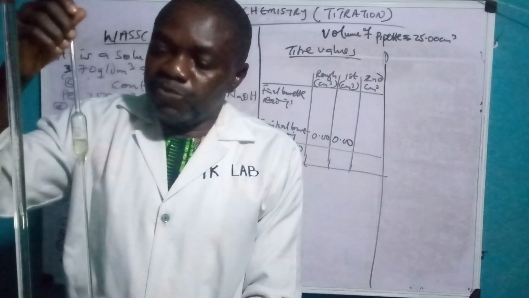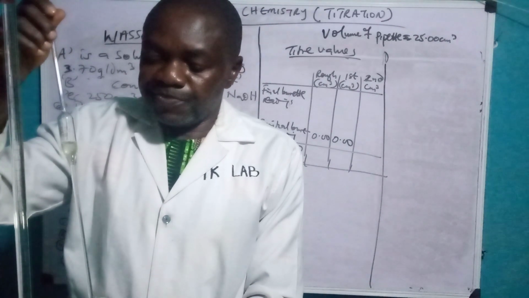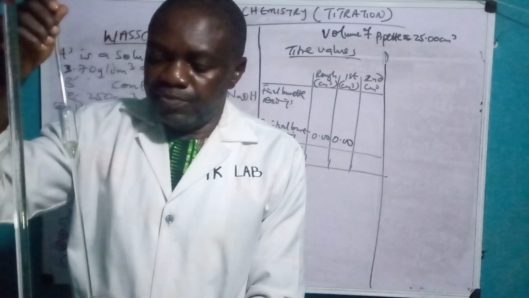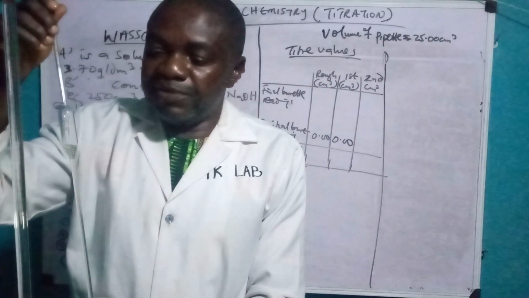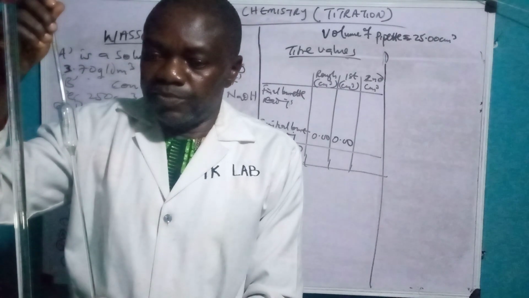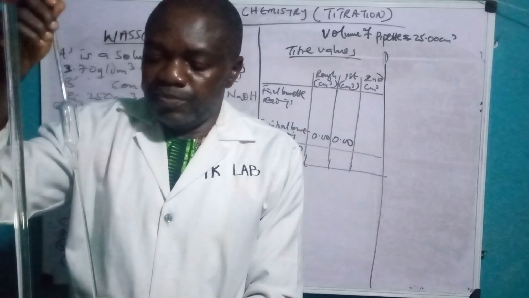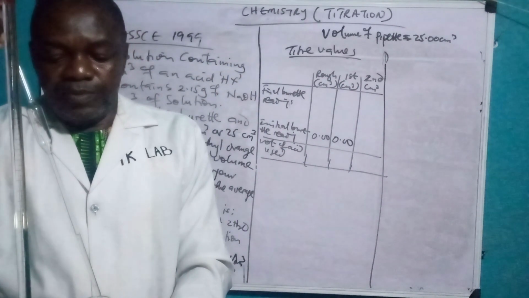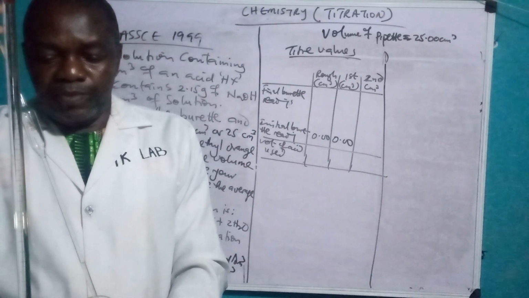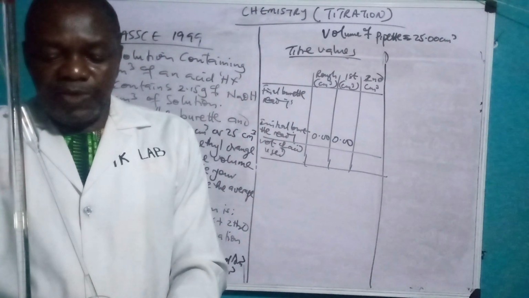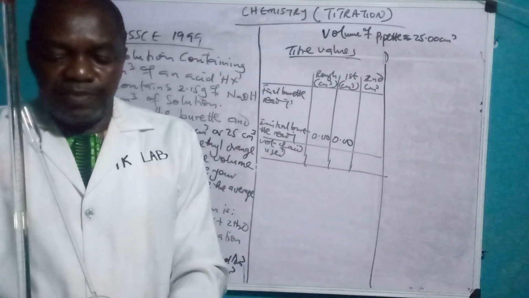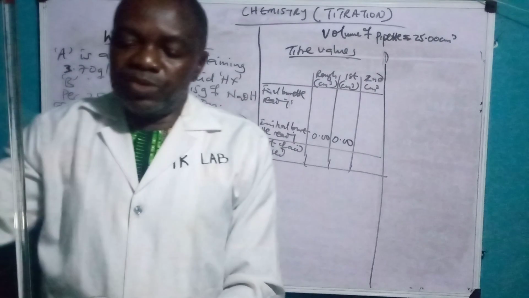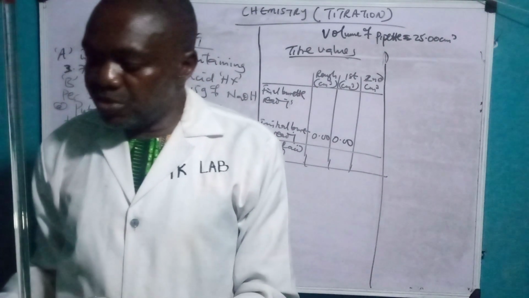It's a very interesting part of chemistry practicals. Allow it to drain through by itself. And here we go, still remaining one drop. So you don't need to add it.